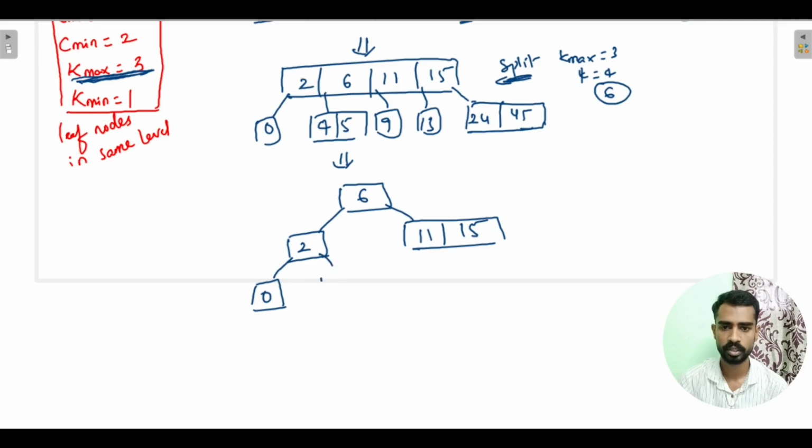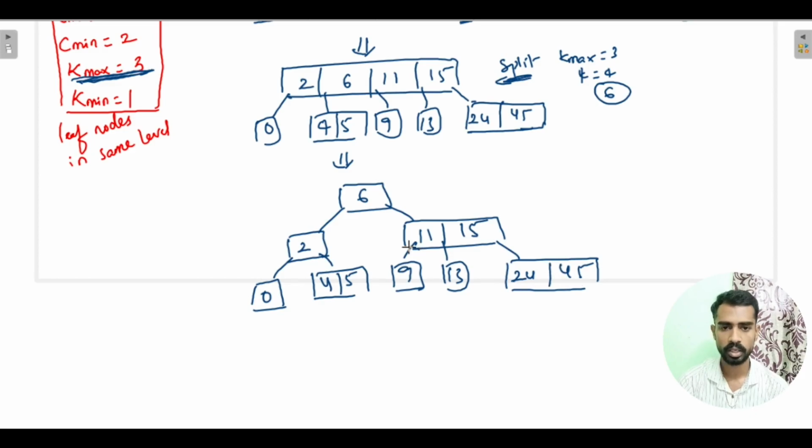So now 4 and 5 will become the right child of this particular 2. Now coming to the left child of 11, it is going to be 9, and the right child of 11 is 13, and then the right child of 15 is 24 and 45.